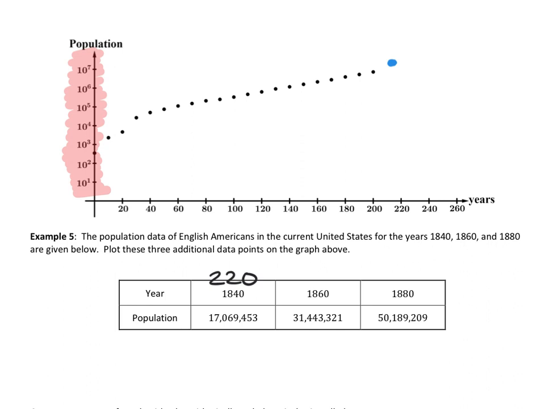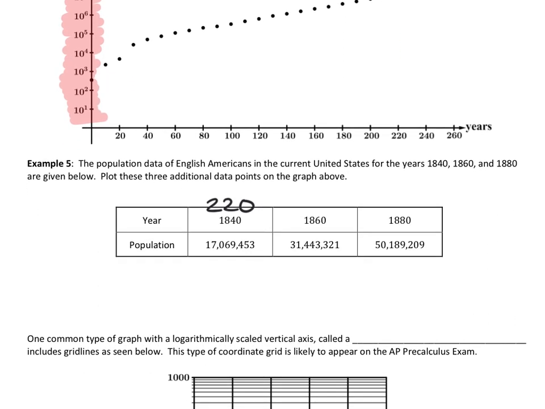If you're like, how did you decide that particular point? That's a great question. Here's what I did in my notes that I realized I didn't do just now. Let's take the logarithm of this number right here. The common logarithm, because we're working in base 10, so we can just press the log button on our calculator. Go ahead and put log of that 17,609,453 in your calculator.